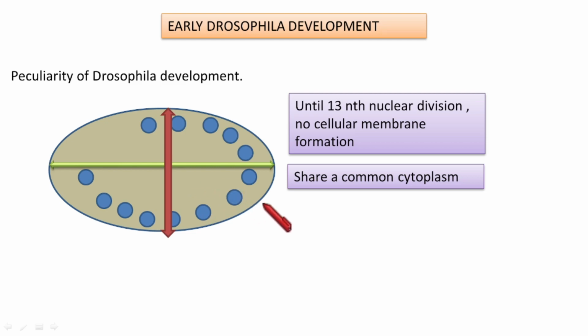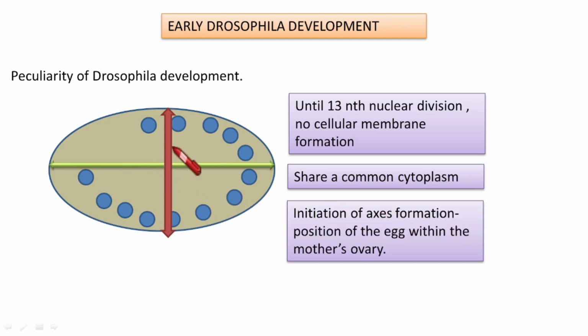Okay, and one more thing, in Drosophila, the initiation of axis formation is controlled by the position of the egg within the mother's ovary. That's also a special thing. While we talk about ascidians or nematodes, in those cases, axis formation is controlled by the point of entry of sperm.